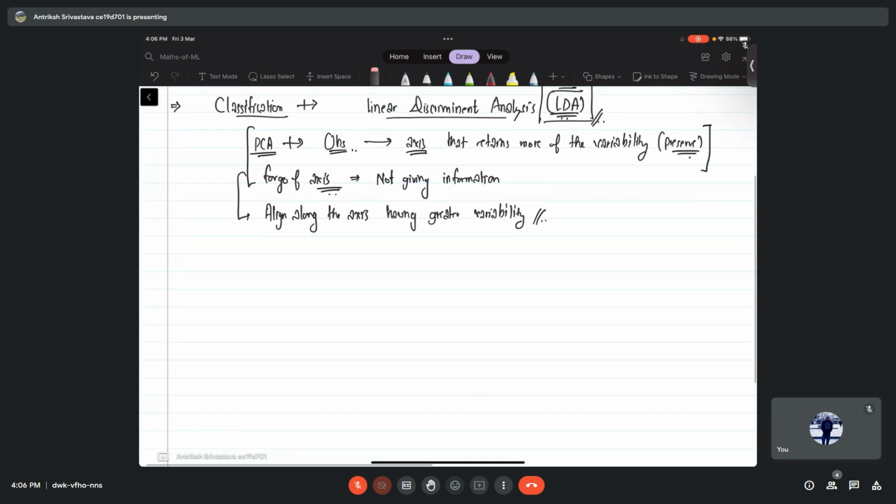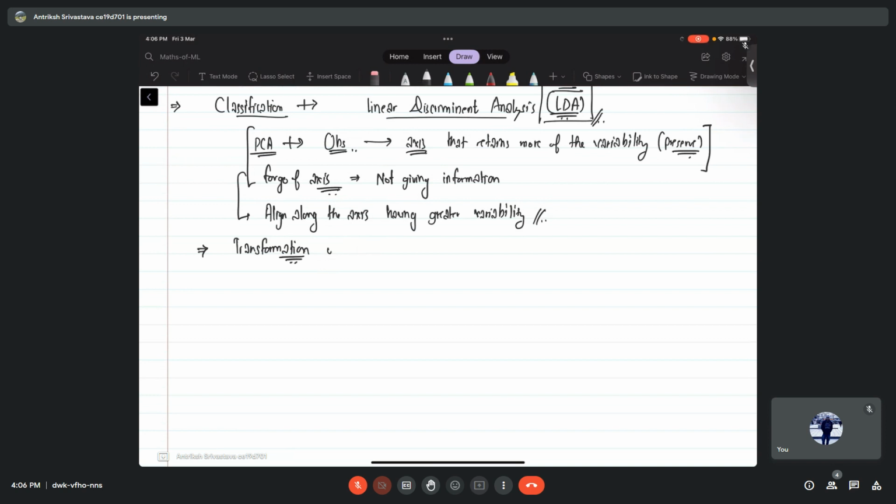But in the case of linear discriminant analysis, we are going to align our observations. Again, we are going to do some transformations here, but the transformations will need the y label of the data.